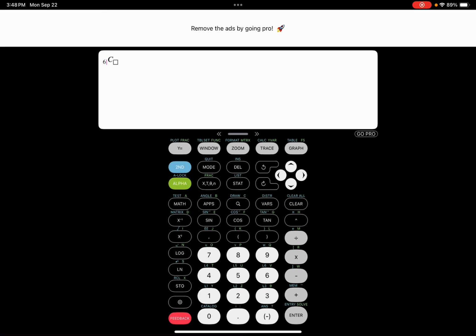All right, so 6 combination 0 times 0.62 to the 0 power, because we want 0 successes, times 0.38 to the 6th power, because we want 6 failures. So rounding that to the nearest thousandth, we get 0.003.